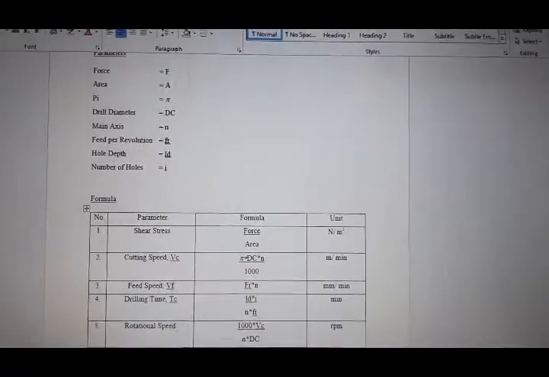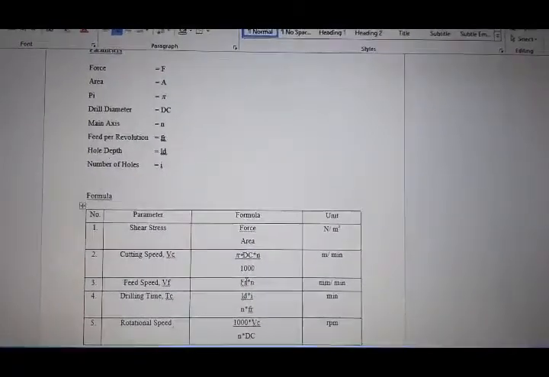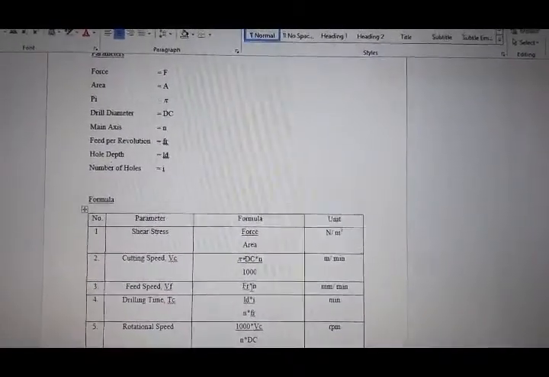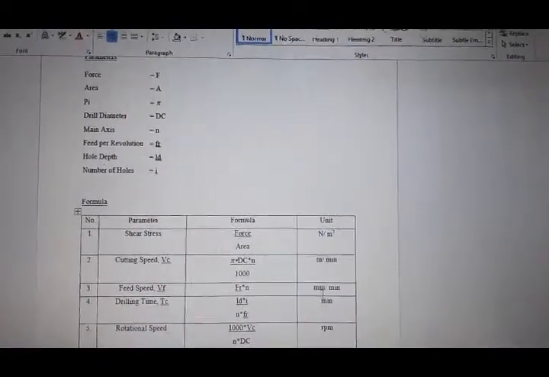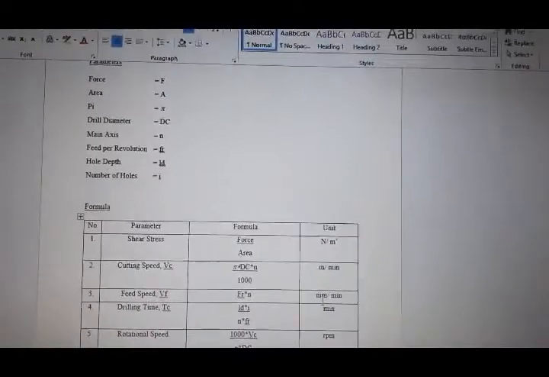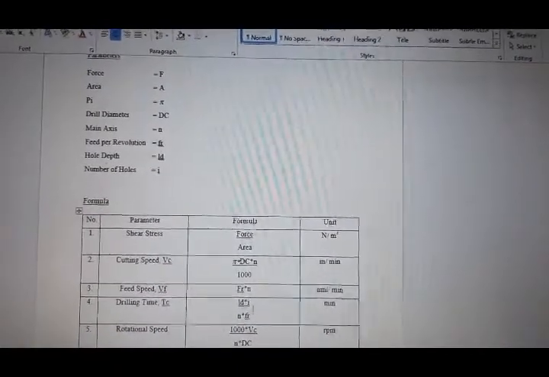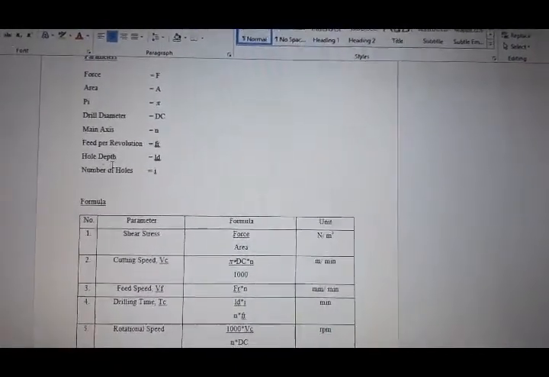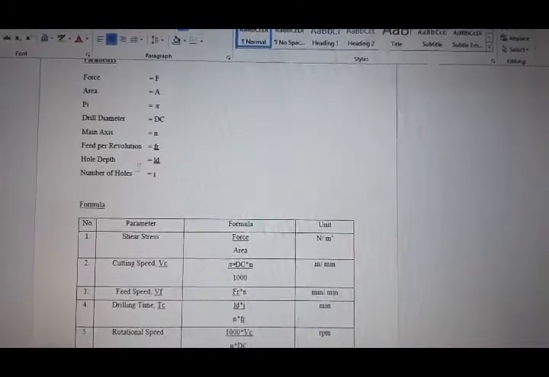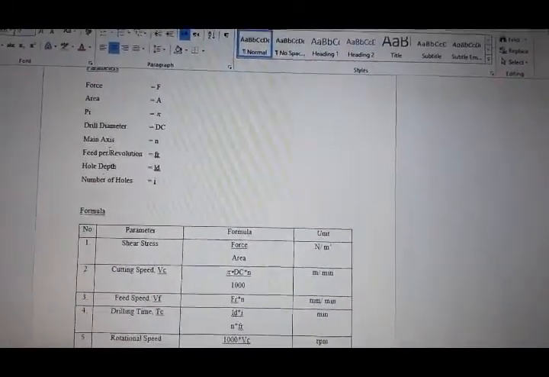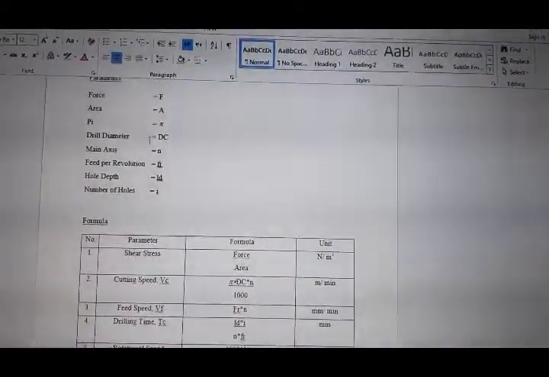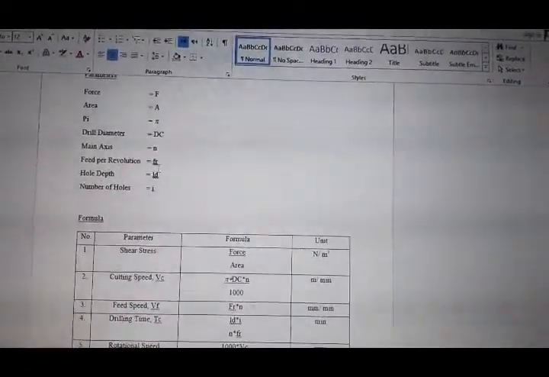Third is feed speed VF, which is FR times main axis. The unit is millimeter per minute. The drilling time is hole depth times number of holes divided by main axis times feed per revolution.